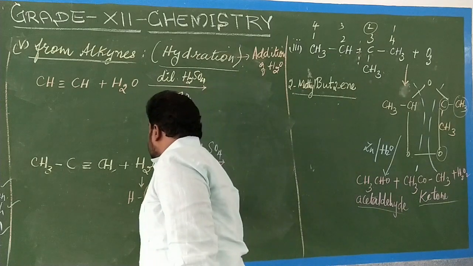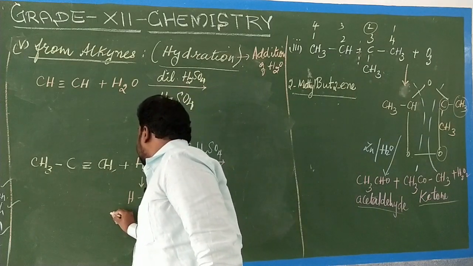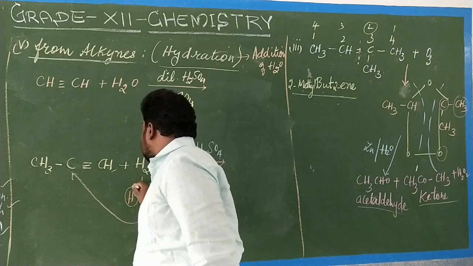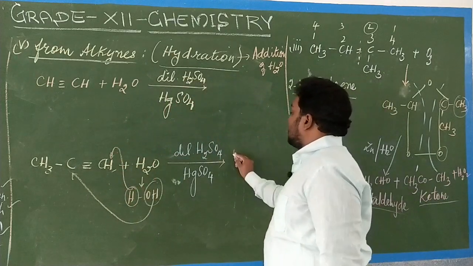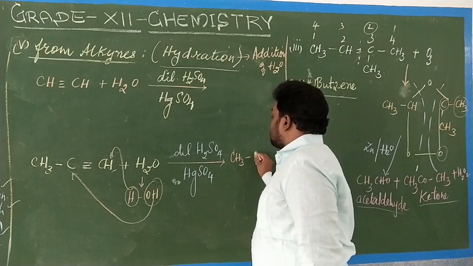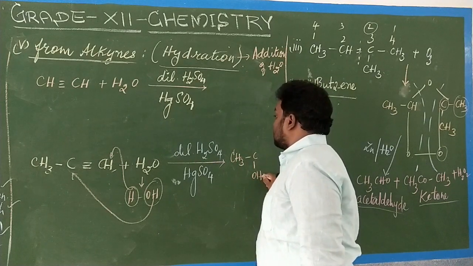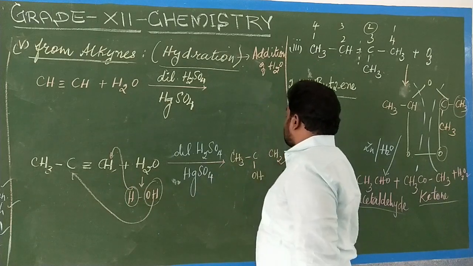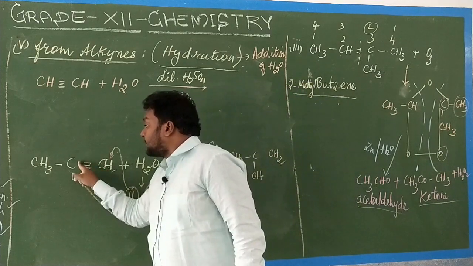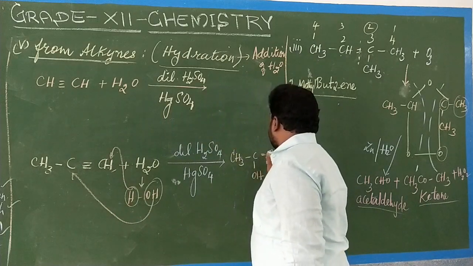Now this OH combines with this carbon and this hydrogen goes and combines here. So what will be the product now? CH3, C, OH. Here this hydrogen combines, so CH2. So automatically the triple bond is reduced to a double bond.